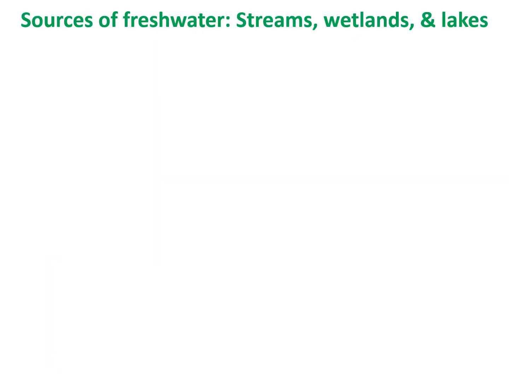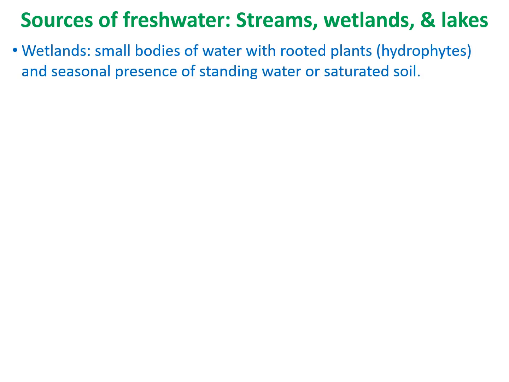Another source of fresh water is streams, lakes, and wetlands. A very critical source of water, because all of those are also very biologically diverse habitats. Now let's understand what each and every term means. They are not the same, right? Most often in some literature, wetlands are considered a type of aquatic habitat, but it is actually its own kind.